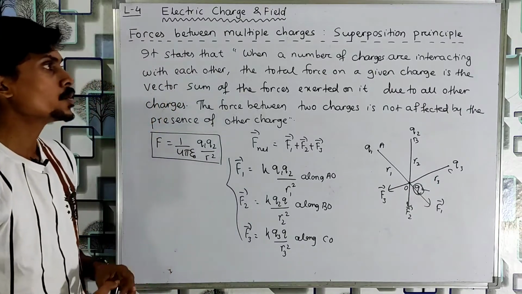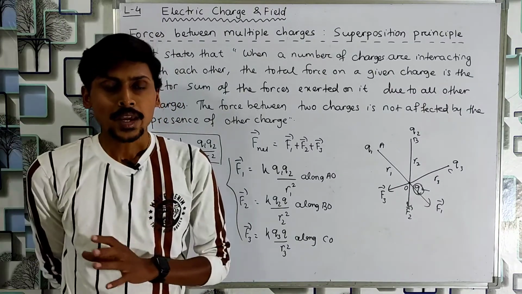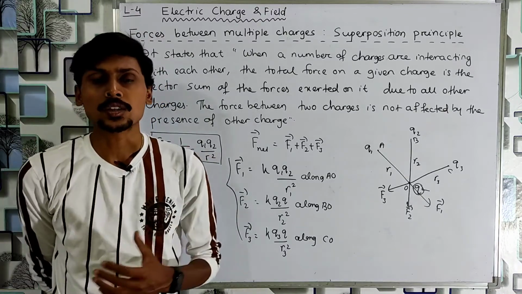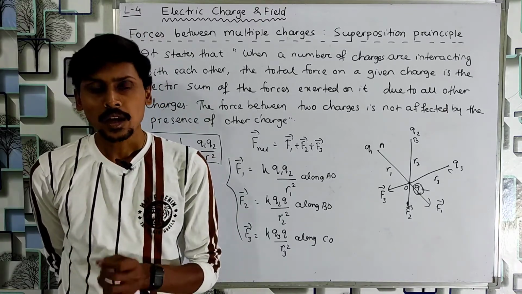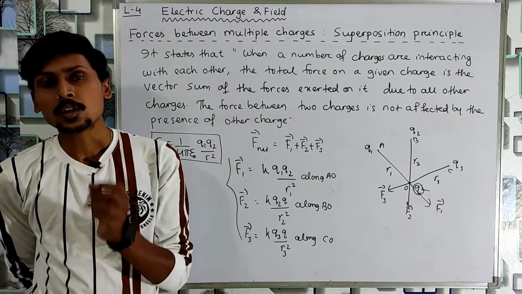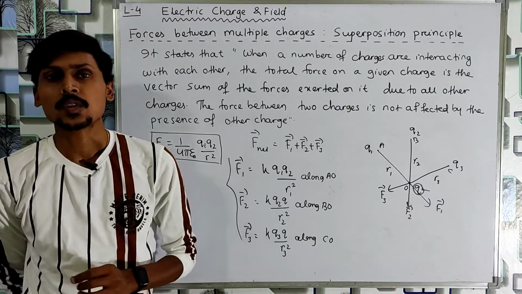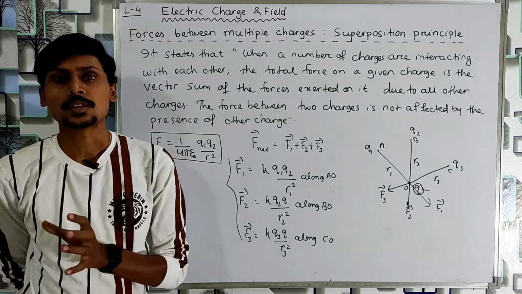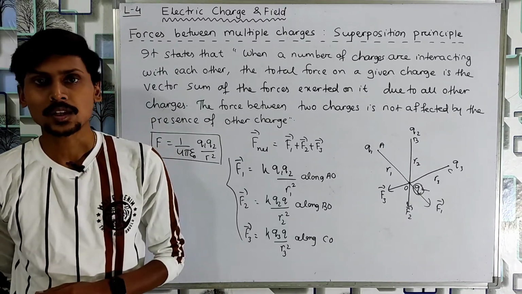So principle of superposition states that if in a system we have more than two charges, multiple charges, then in order to calculate the total force on a given charge, we have to take the vector sum of all the forces acting on that given charge.